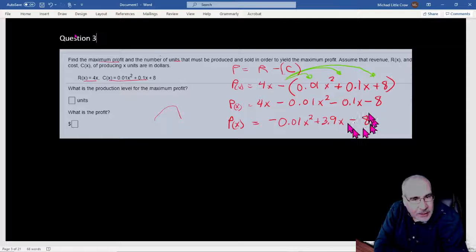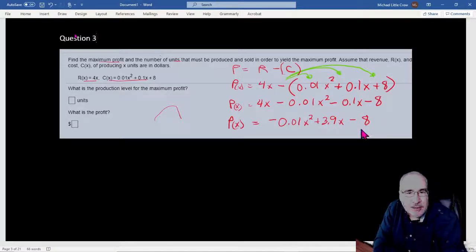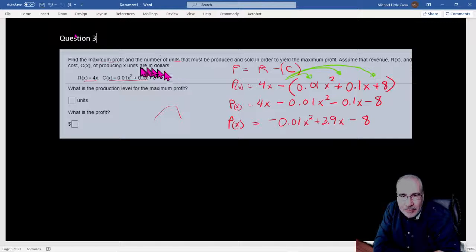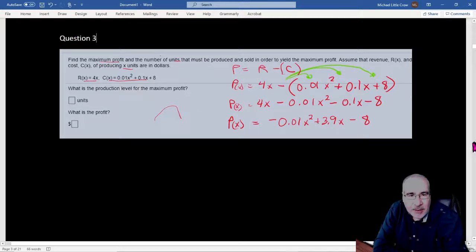So we've got to produce enough to make up the loss of the fixed cost of 8, whatever these units are. But after we make so many, this negative part is going to cause the cost of production to go too high.